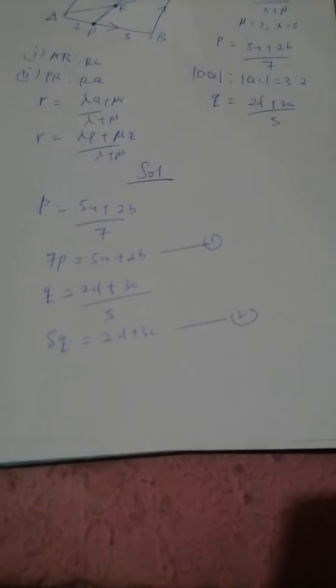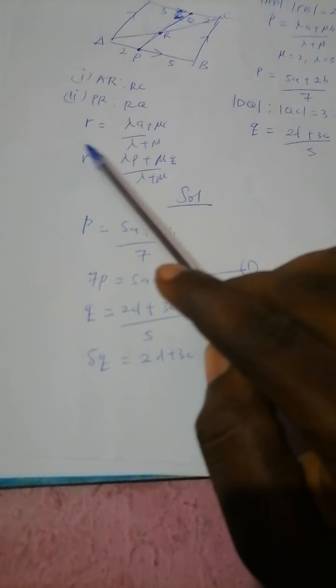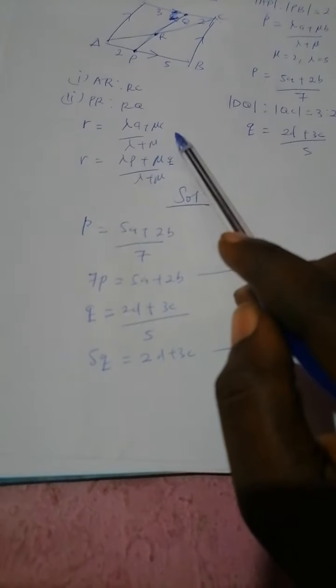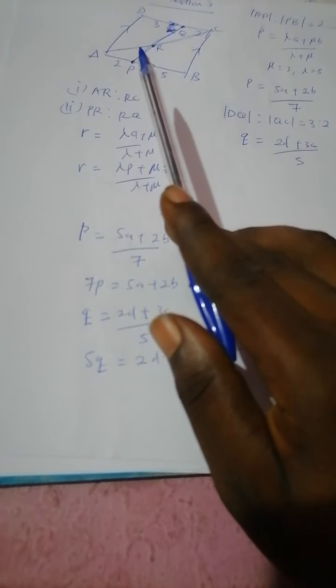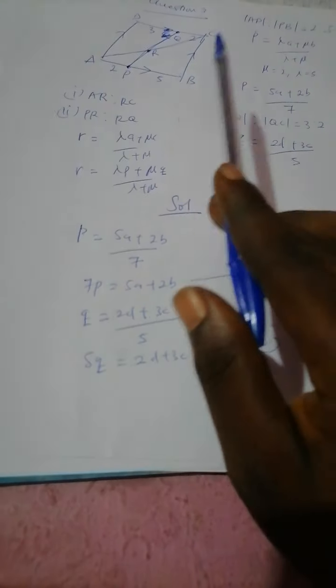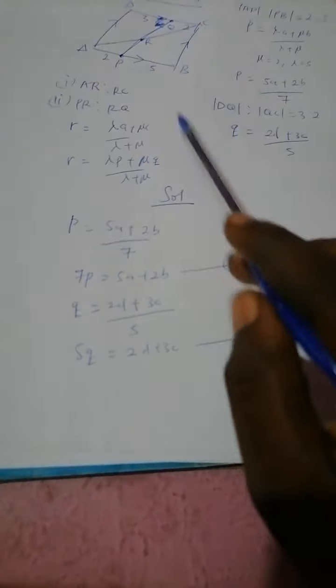Okay. So look, this is what we want to find. We want to find that our R divides AC, right? So we want to find the ratio of AR to RC.